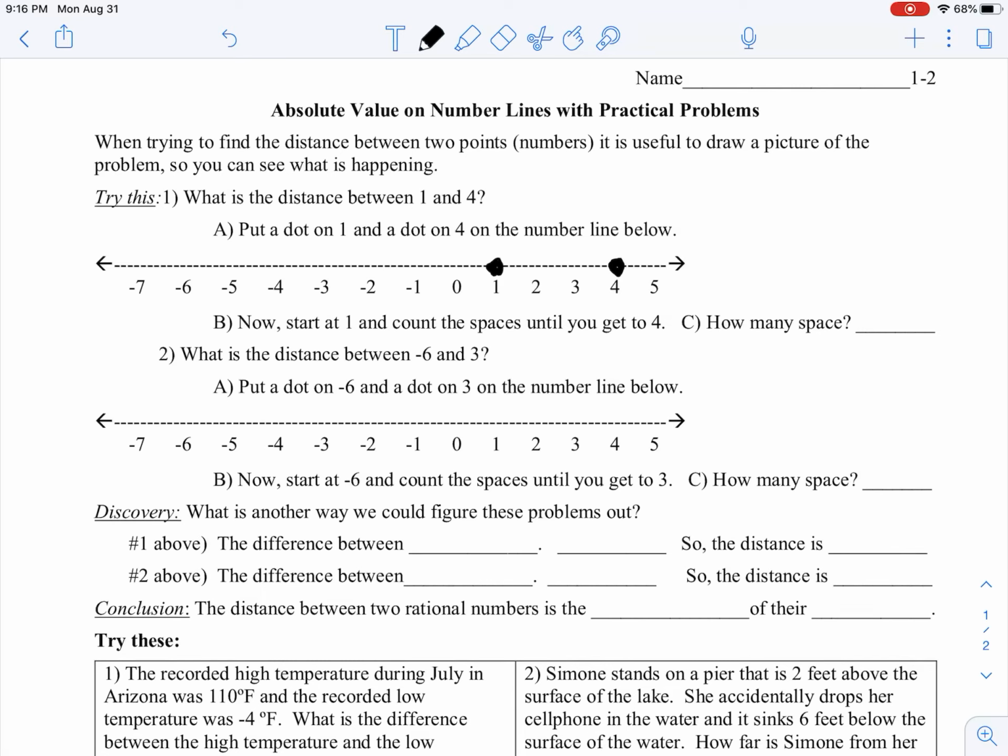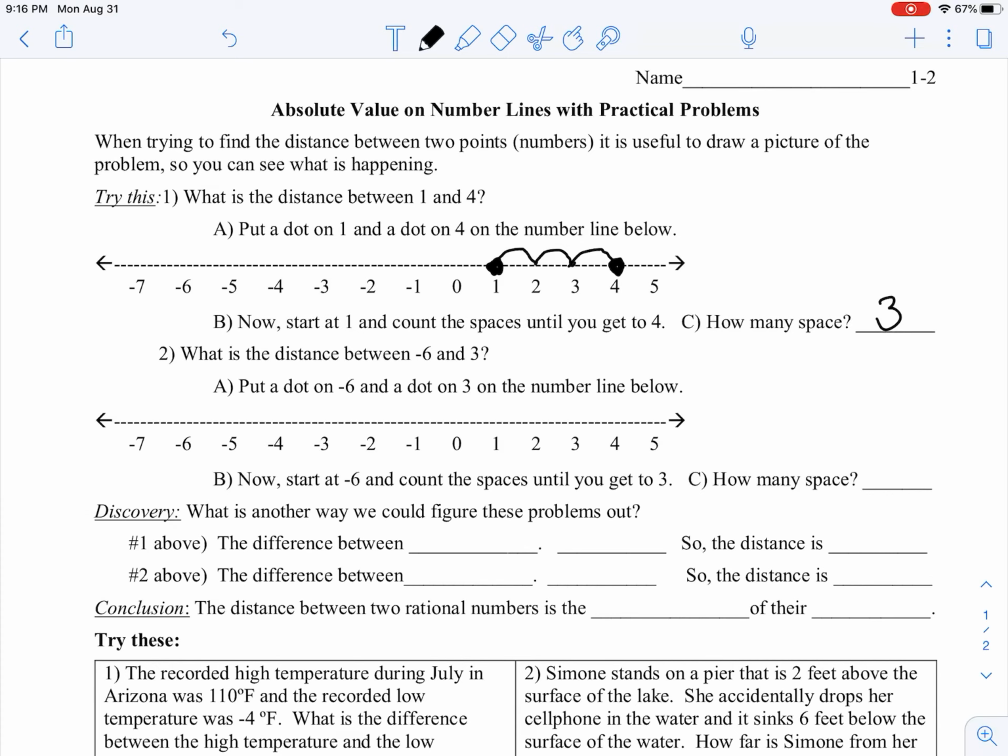Now all we want to do is count the spaces between them. If we start at our 1, notice we are going 1, 2, and 3 spaces to get to 4. So how many spaces? Well, we just said that. It was 3, right?